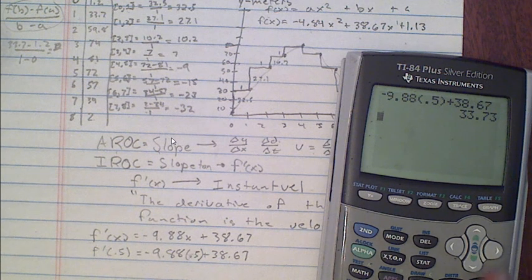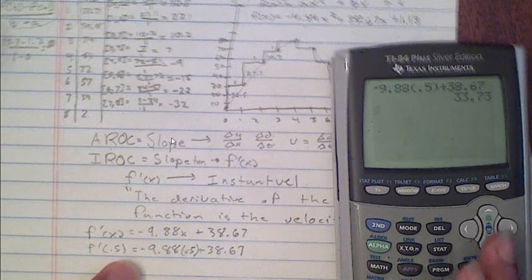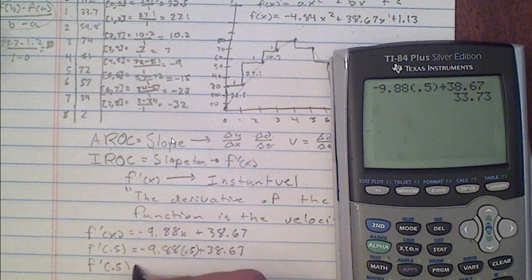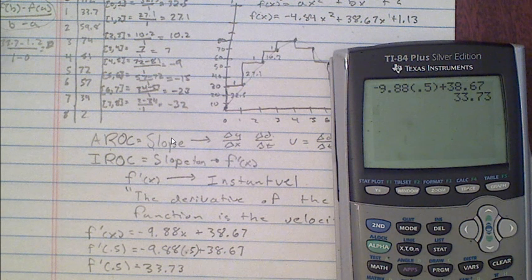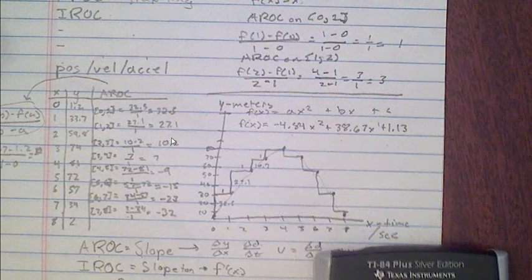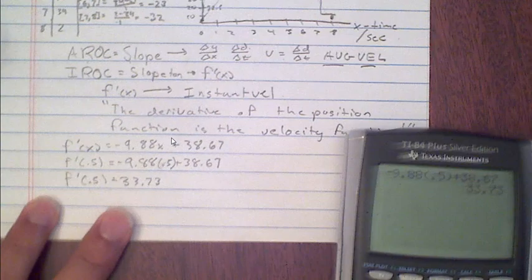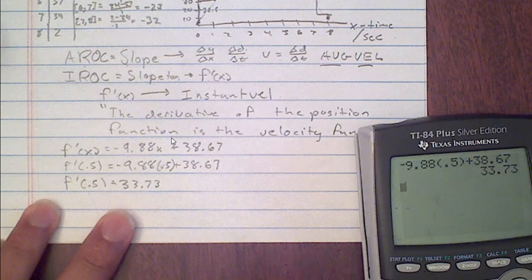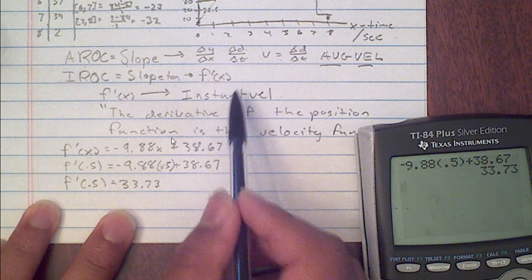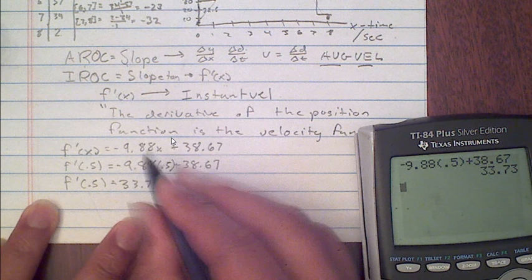This, according to our quadratic regression, is what I want you to be able to do, guys. The instantaneous rate of change is the slope of the tangent line, which is the output of the derivative. So let's get our verbal right.